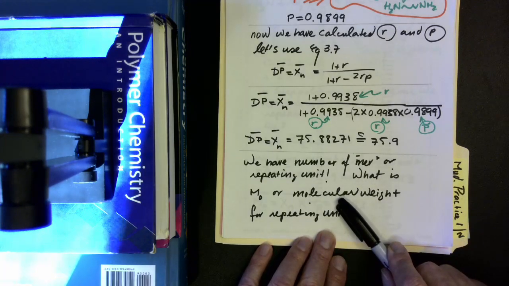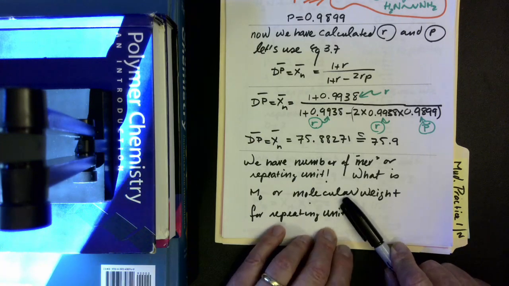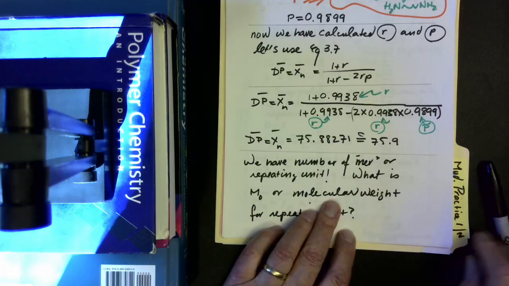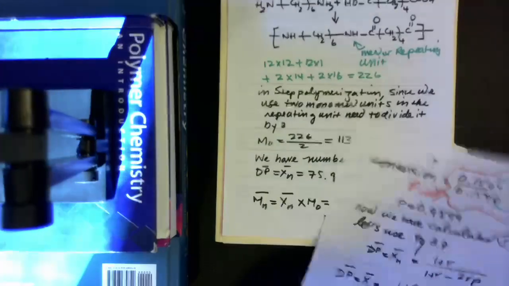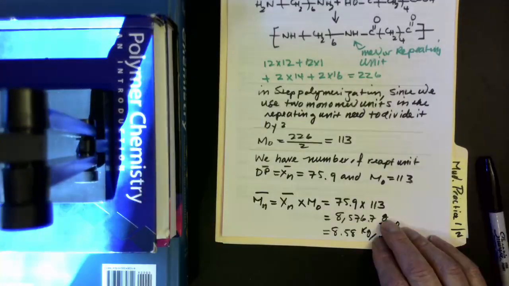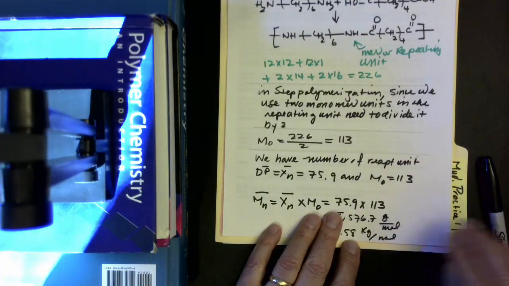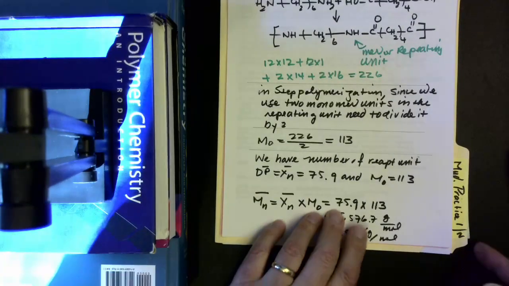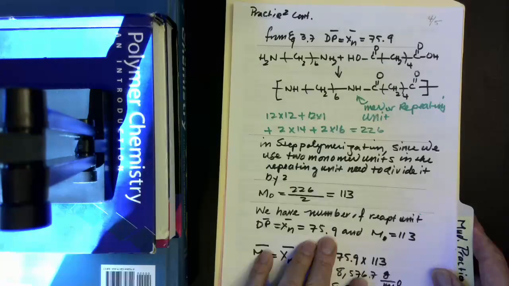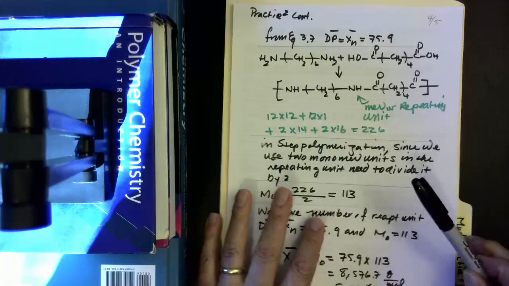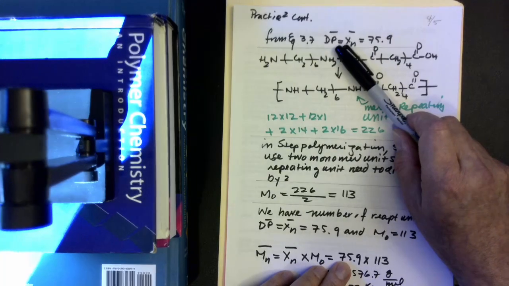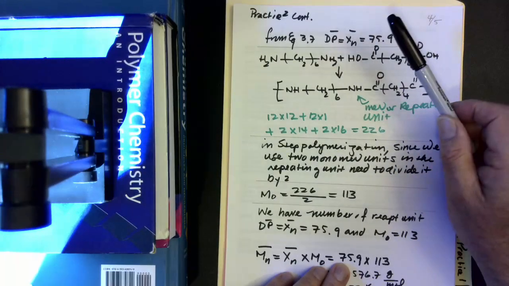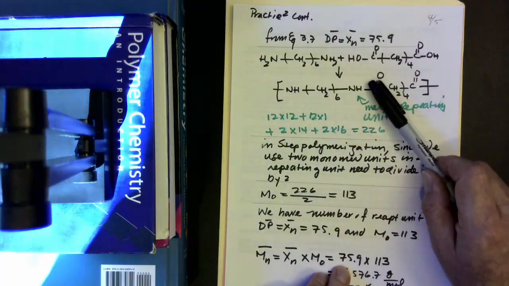We now need to know what the M0 is, the M0 for the repeating unit. Once we have that, then we can measure the Mn. So for measuring the molecular weight for any polymer, if you have the dP, we can measure the Mn. So let's look at the repeating unit.